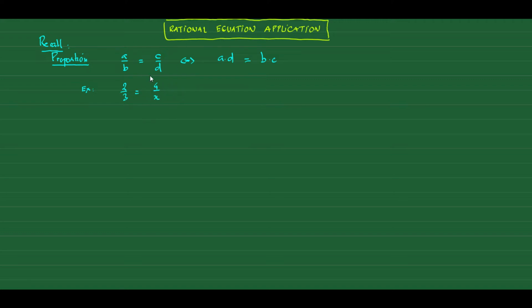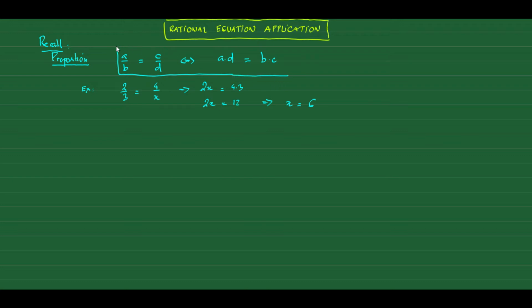If we apply the cross multiply property, we have 2 times x equal 4 times 3, which is 2x equal 12, x equals 6. So with this standard basic rational equation in proportional form, we can apply the cross multiply property to solve for the variable x.